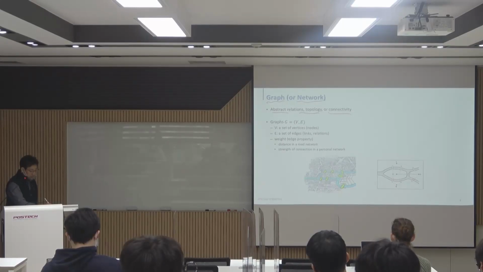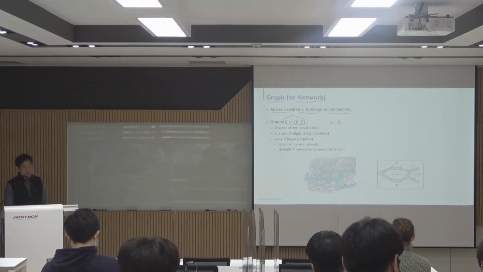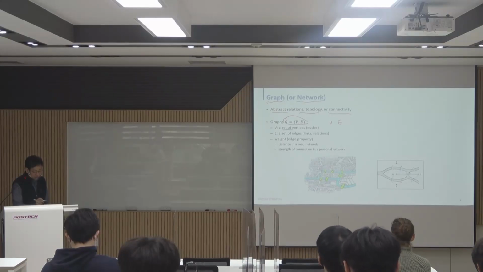The key elements: a graph requires two key components. One is V and the other one is E. The first one is the set of vertices, or nodes. The other one is the set of edges, or links or relations.